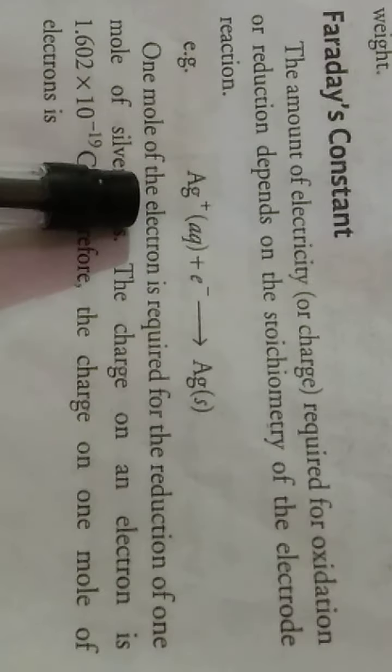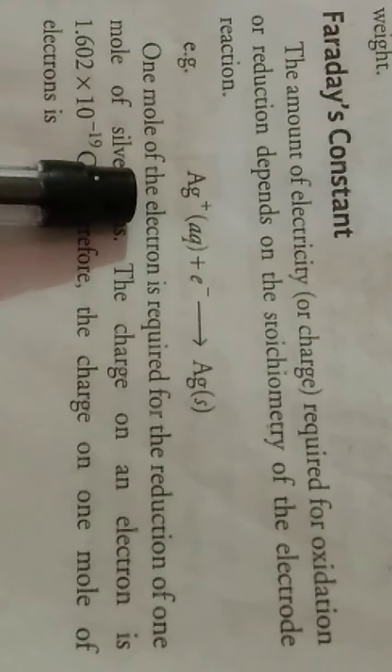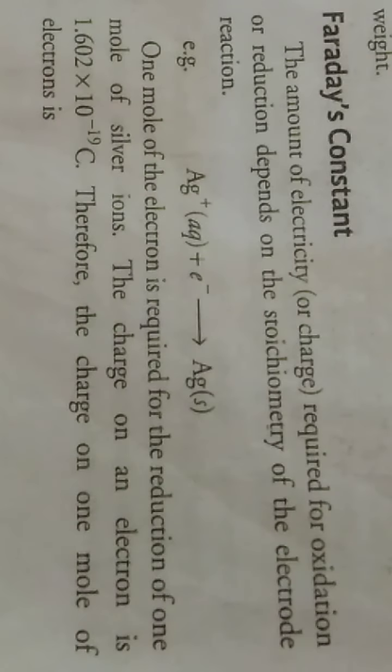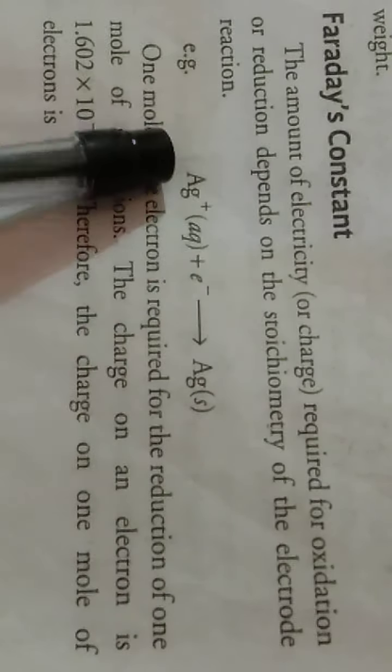Here children, we have silver ion. The amount of electricity that will pass depends upon whether oxidation or reduction of the species is occurring, and that will depend upon the stoichiometry of the electrode reaction.